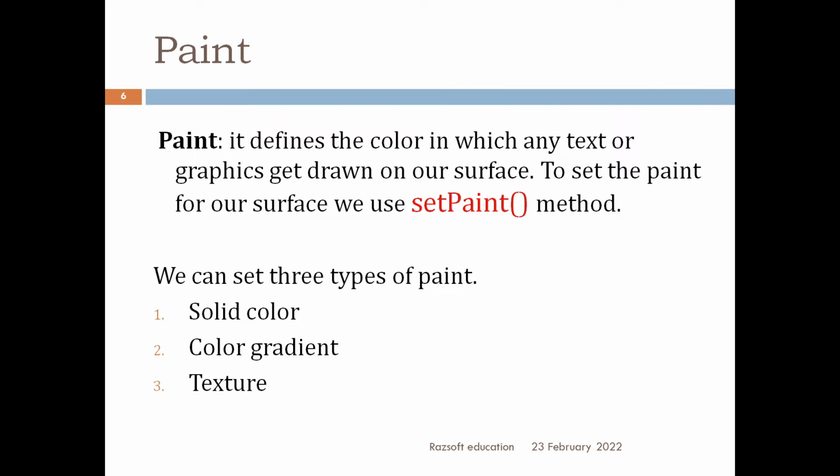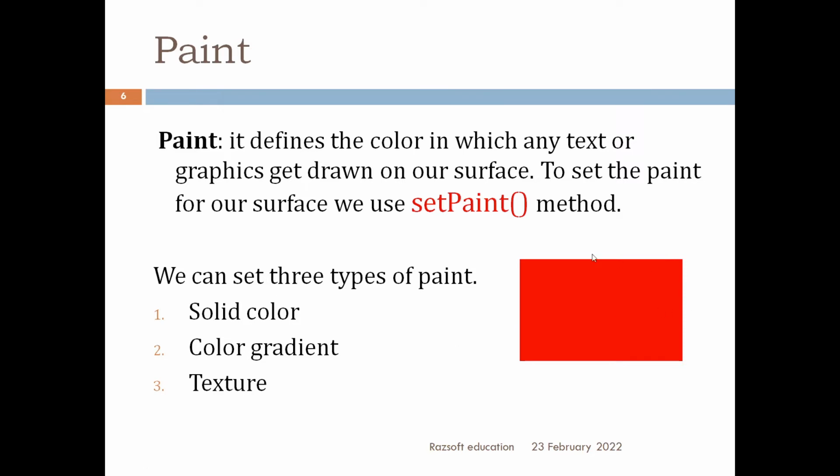setPaint is an inbuilt method of Graphics. So we use this method, and there are three types of paint: a solid color paint, a color gradient, and a texture. So we first look at what a solid color is. This is a solid color paint. When we set a solid color, there is only a single color across all the graphics area in which we are painting.